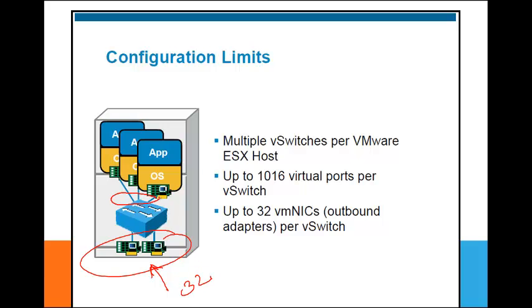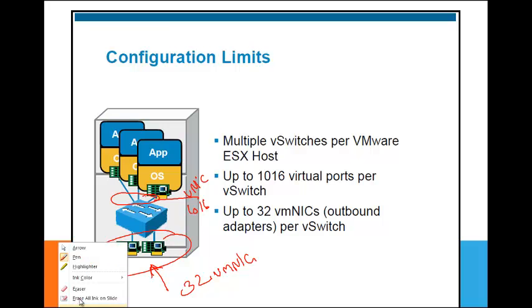Like this, VNICs can be up to 1016. This is VNIC, this is VMNIC. This is really a very big number, this cannot be called a limitation, this is the max.